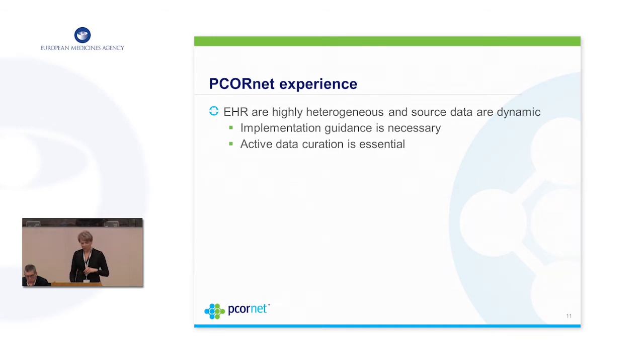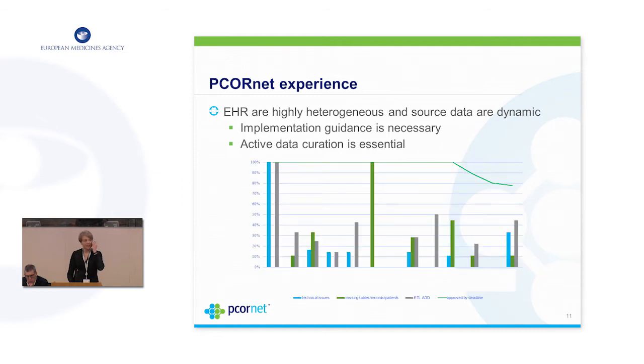I've already touched on the importance of active data curation, and here we'll just show a slide. I've taken off the networks so that they're not being shown, and all that you need to know is 100%. In this case, 100% is not good; it's bad, and this was on our third or fourth data curation activity. So this is not just the fourth time through, because many of them have done some off-cycle curation activities as well.